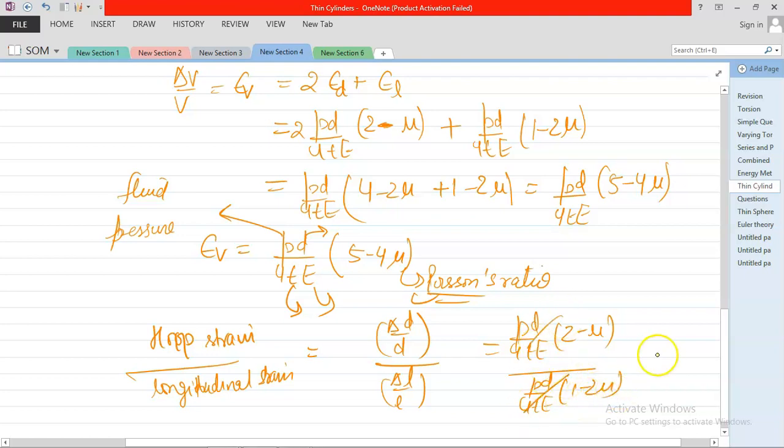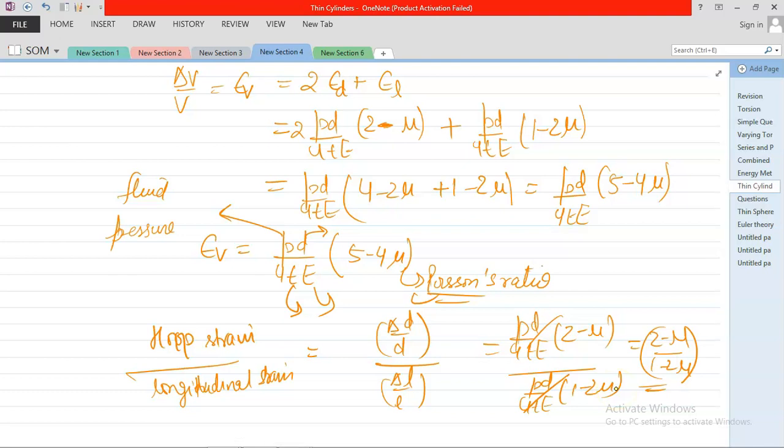So I will cancel this and it will be 2 minus mu upon 1 minus 2 mu. This is your ratio. So this is the hoop strain and this is the ratio for both the things.